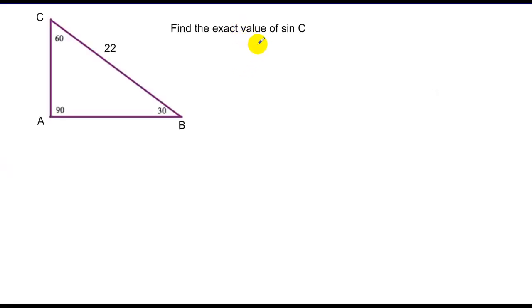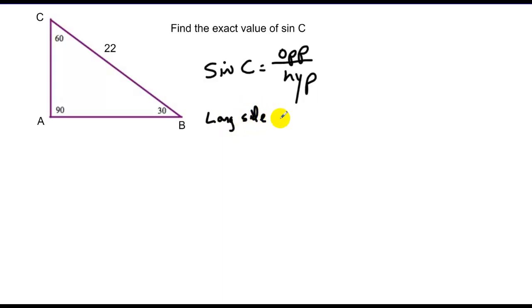So I want to find the exact value for the sine of C, and it's a 30, 60, 90 right triangle. The sine of C is equal to the opposite over the hypotenuse. And in this case, we have the hypotenuse, but we don't have the opposite side. We know since we have the hypotenuse and we're looking for the long side, it equals the short side root 3, and I know the short side is equal to half the hypotenuse once again.